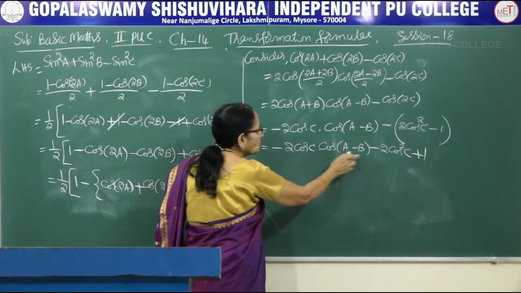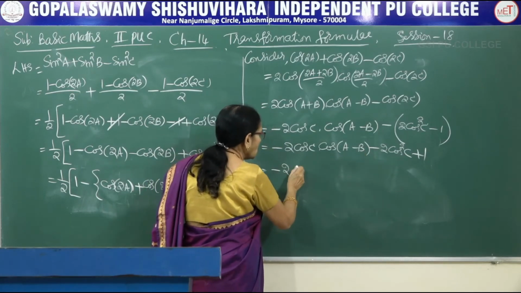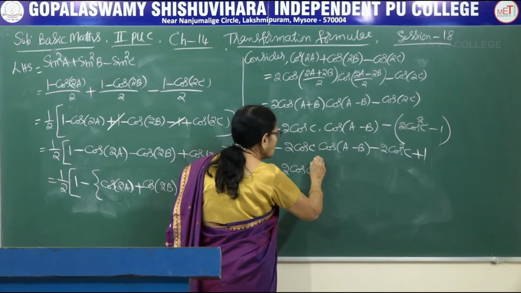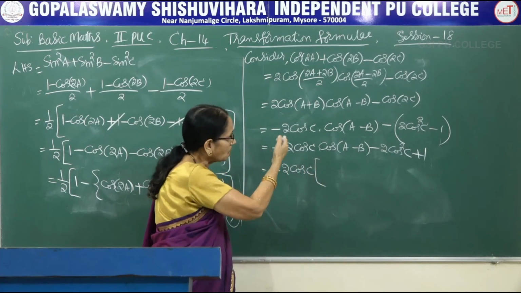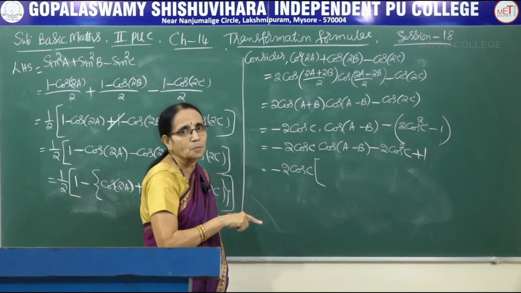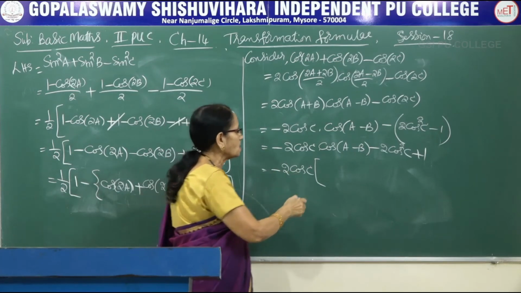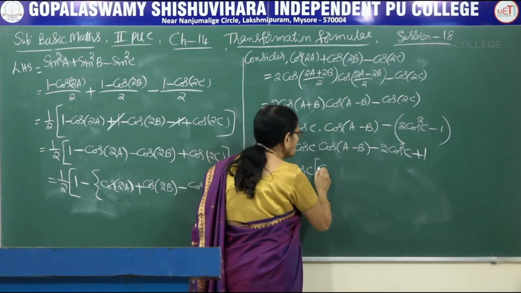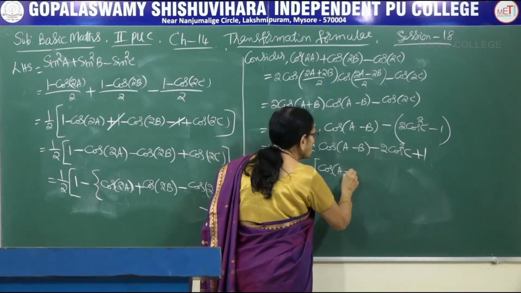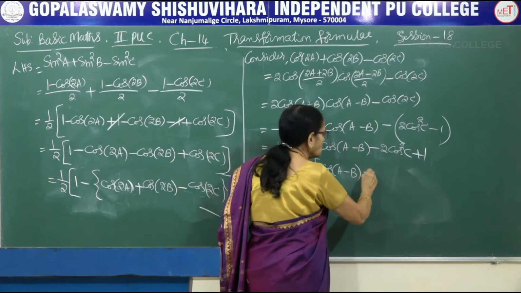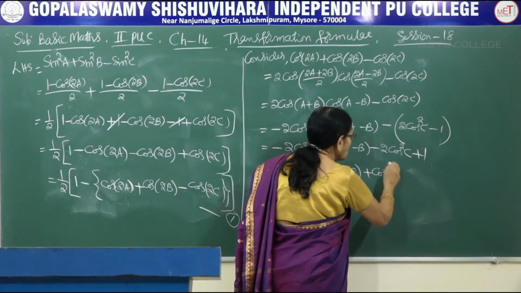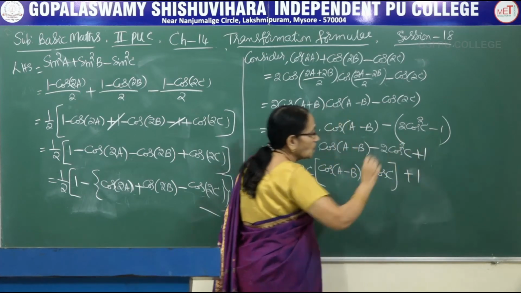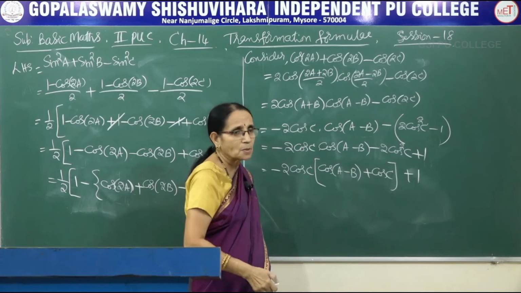Now again from these two, let me take a common factor. I am getting the same terms as in the earlier problem, still I am doing all the calculation. When you take out the minus sign, both the terms become positive. So it is cos of A minus B plus cos of C. Now write this one separately, it is outside the bracket.